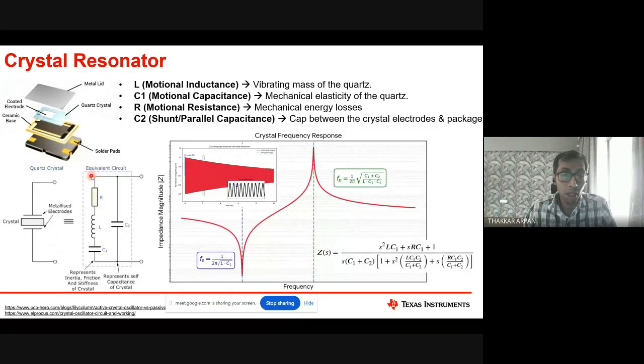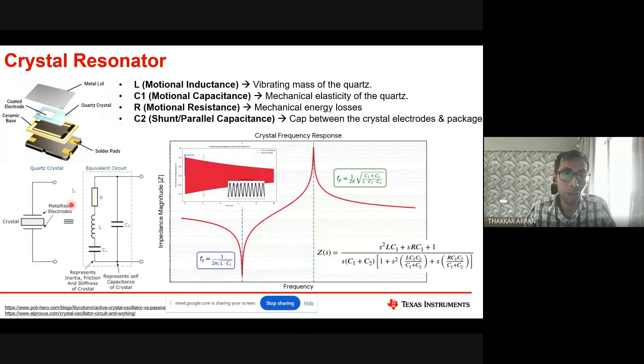Now, the quality factor of this circuit is in the order of 10 raised to 6. Any inductors or capacitors available in the market will not have such good quality factors.